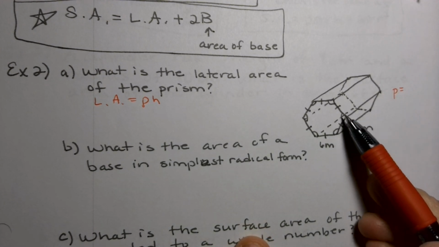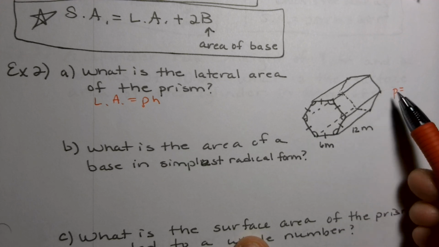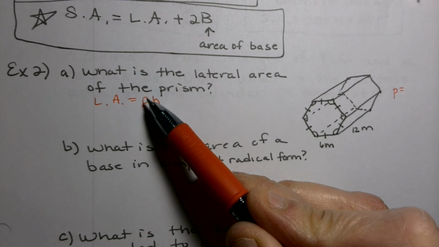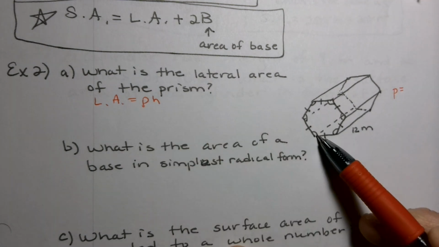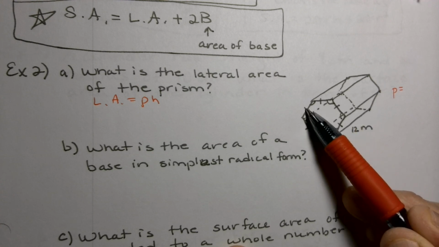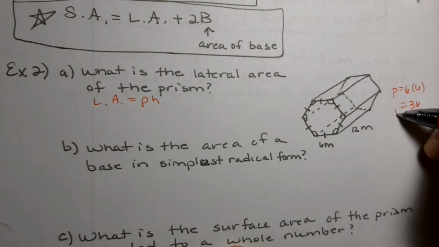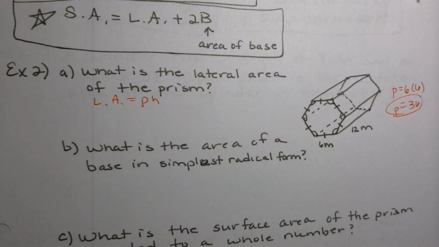I see all these dash marks. That tells me they're all the same. And it's 6. And I need the perimeter of the base. And this is my base. So 6 times 6. There's 6 sides. My perimeter is 36. So I've got one of the two things that I need. Now I need the height.